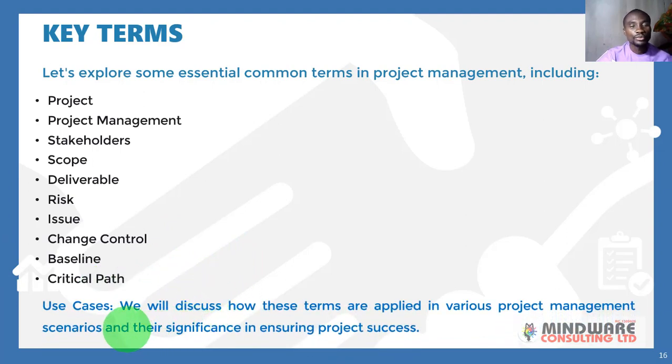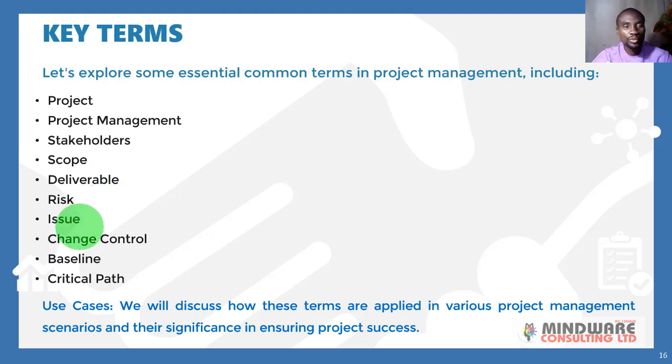We'll be discussing how these terms are applied in various project management scenarios and their significance in ensuring project success. As we go along in this course, whether we're talking about projects, project management, stakeholders, scope, deliverable or risk, when you hear the word risk, what are we referring to?